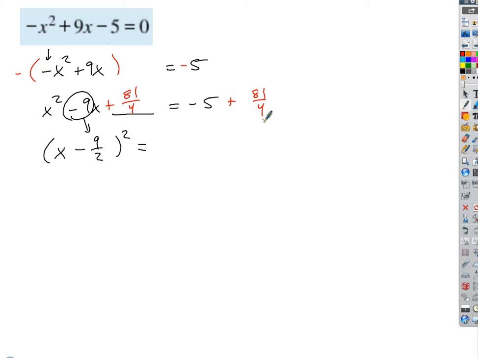So I'm going to add 81 fourths to both sides, which means, what am I going to get on this side? Well, I'm going to multiply both parts of the first fraction by 4, so I get a common denominator.